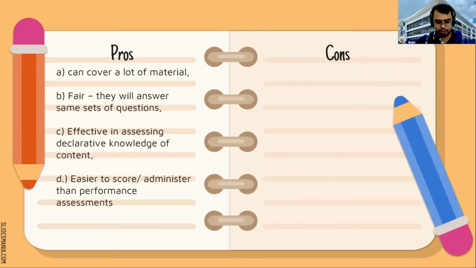And one good thing about traditional assessment is you can check this together with your students. After the exam or after the test, you can ask them to exchange their papers, write "corrected by." You're actually hitting two birds with one stone. You are checking the test paper and you are explaining to them why in this item it is the correct answer and why it is not the correct answer.